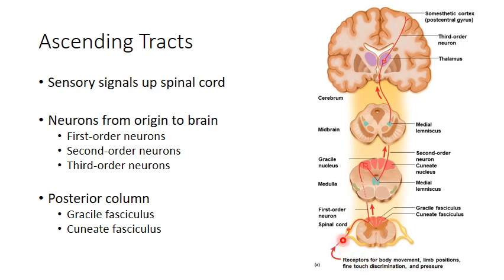So we're bringing that information into the spinal cord. We have a solid line which indicates that this is one neuron traveling all the way from the spinal cord up into the medulla. This is going to be our first order neuron because it is bringing our sensory information to the spinal cord and or brainstem. From there, our first order neuron is going to synapse with a second order neuron.